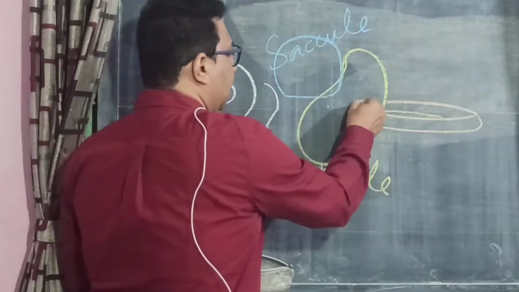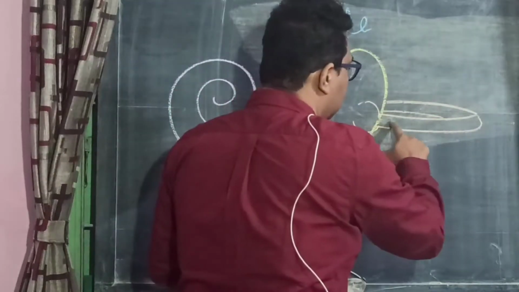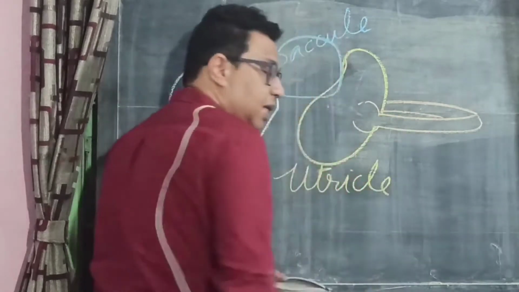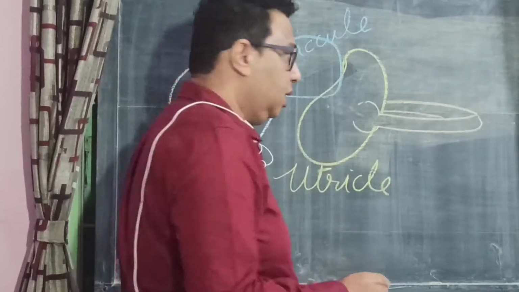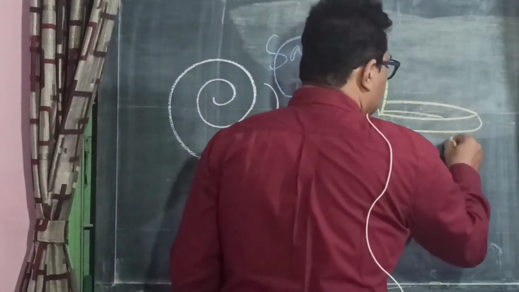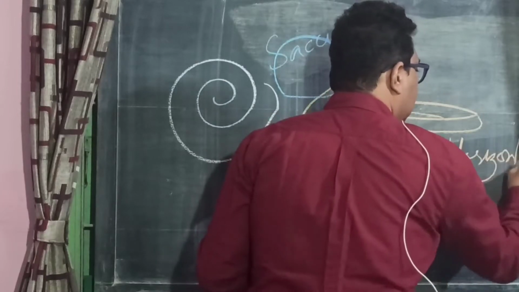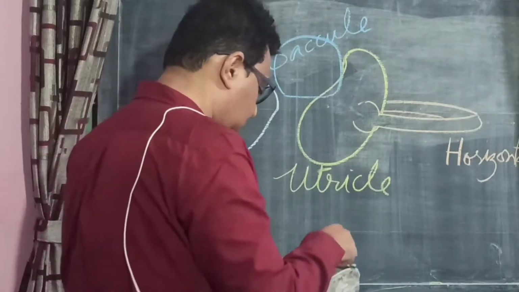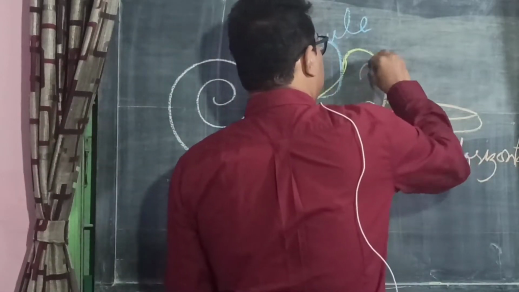So the semicircular canal is communicating with the utricle, and there are 3 on each side, and they have 3 distinct orientations, 90 degrees related to each other. So suppose this is the horizontal canal. We also have the anterior canal.